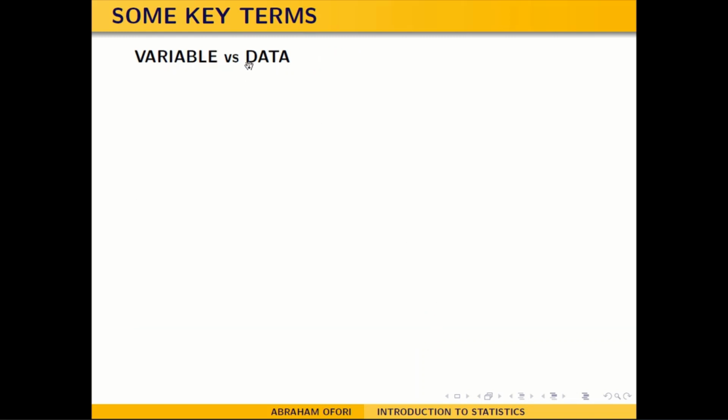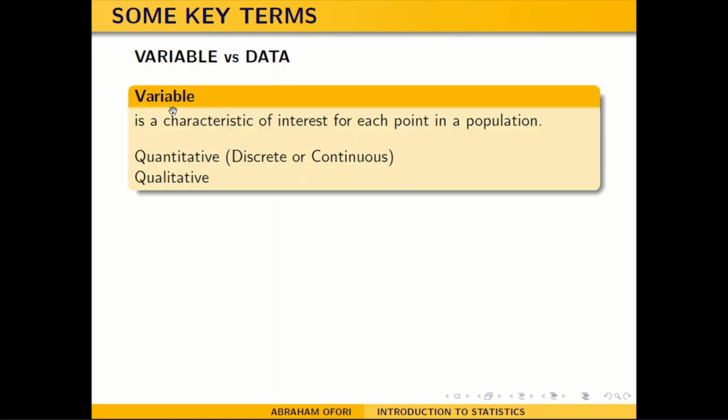All right, so let's continue. Variable versus data. Now, variable. What is a variable? A variable is a characteristic of interest for each point in a calculation. So this is very, very simple. In regards to what we were just discussing, what are we interested in the population? We just want to know the number of students who eat gobe. So the number of students who eat gobe is our variable of interest.